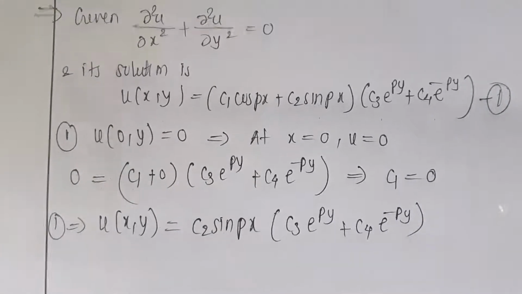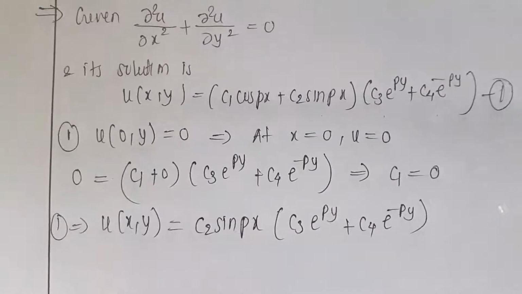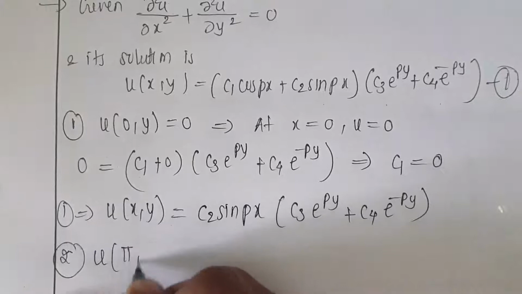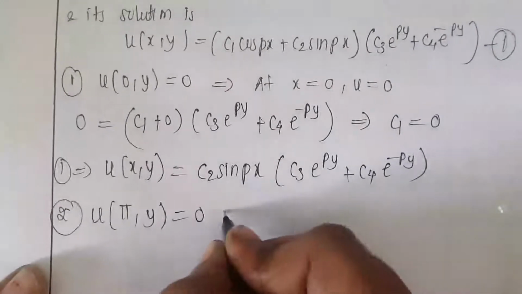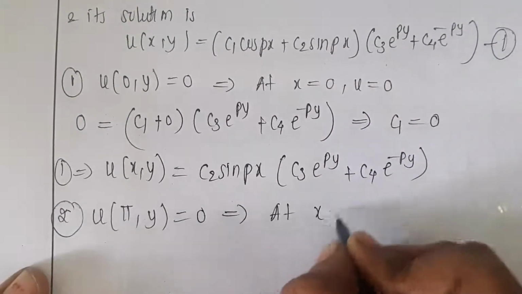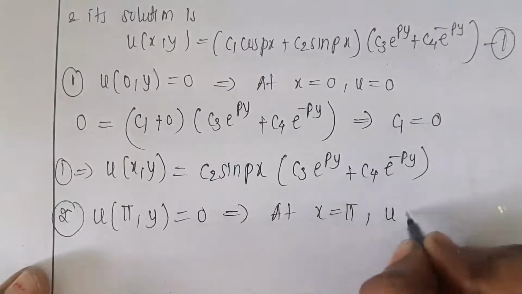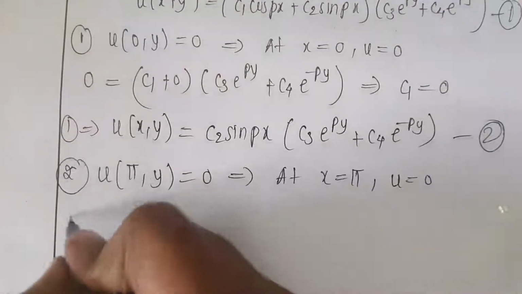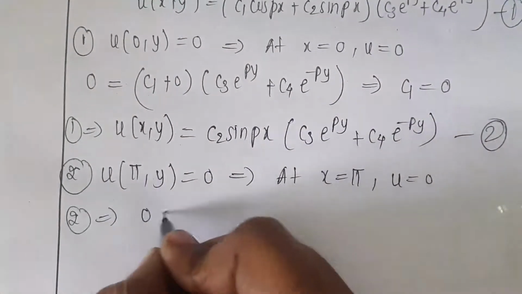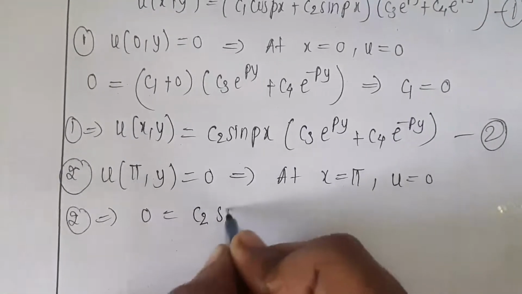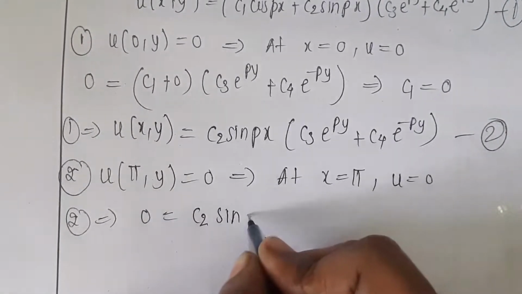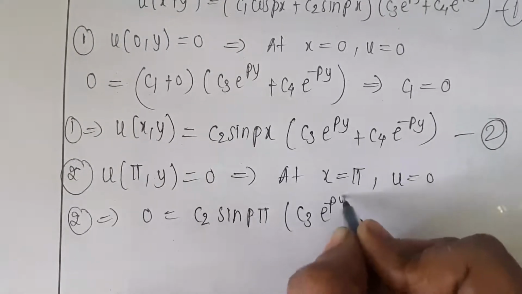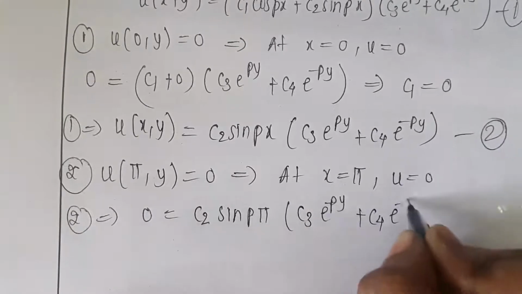Now use another condition, the second condition, which is u(π,y) = 0. So u(π,y) means at x = π, u becomes 0. Put this in equation number 2. So equation 2 becomes 0 = c2 sin(pπ)(c3 e^(py) + c4 e^(-py)).